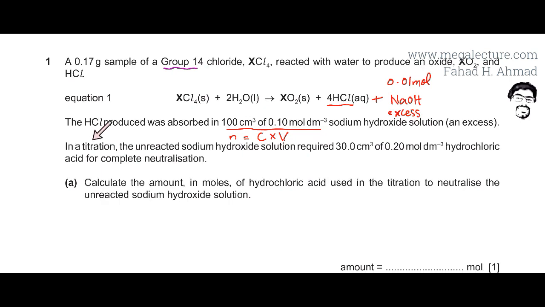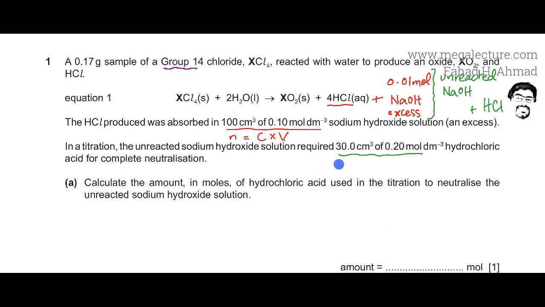In the next part, in a titration, the unreacted NaOH, the NaOH that is left over from the previous reaction, required 30 cm³ of 0.2 mol/dm³ HCl acid for complete neutralization. So the unreacted NaOH that did not get used up in the previous reaction is now being reacted with HCl, and you're given the volume and the concentration of this HCl solution.